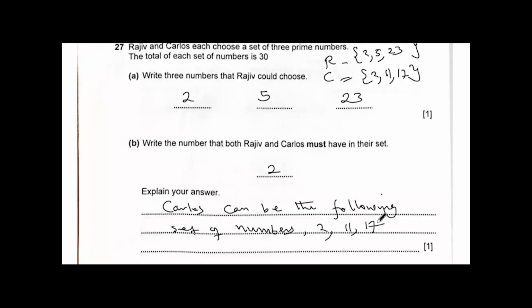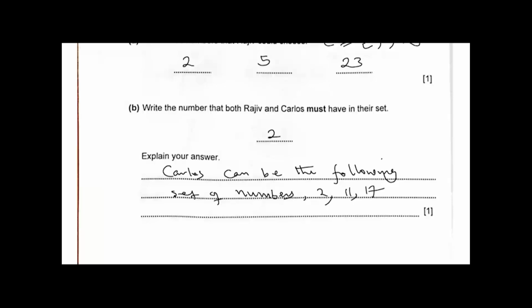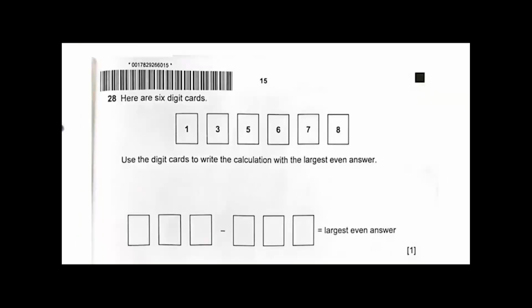So that is the explanation you can give, because that is the option he has. So the number they have in common is 2. Okay, so let's go to the last question.